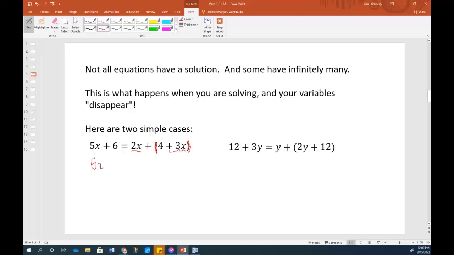So this is 5x plus 6 equals, now 2x plus 3x is 5x, and then we have plus 4. Some of you can already tell that this is not the same, but I'm just going to work it all the way out. Our next step would be to subtract 5x from both sides of the equation.